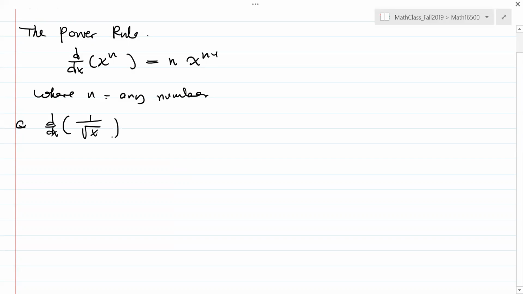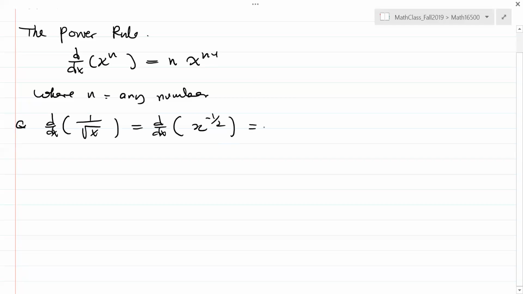Otherwise, if you use the definition, it takes much more time. So how to do that? You express it as a power function, which is x to the negative 1/2. So n here is negative 1/2.